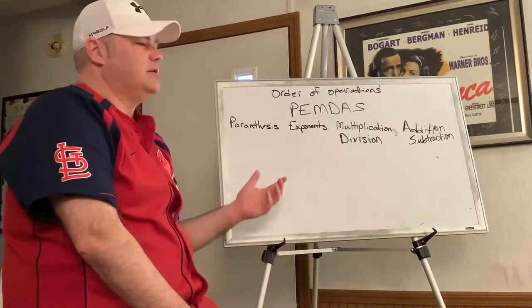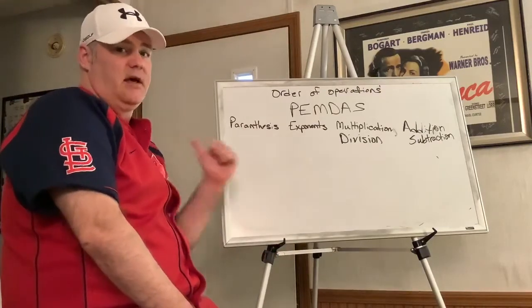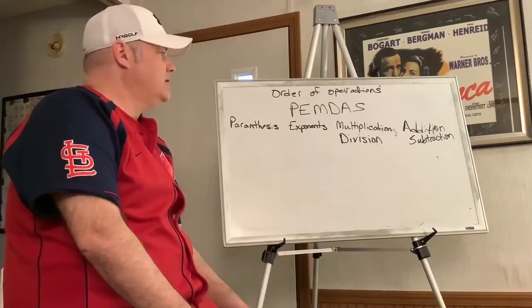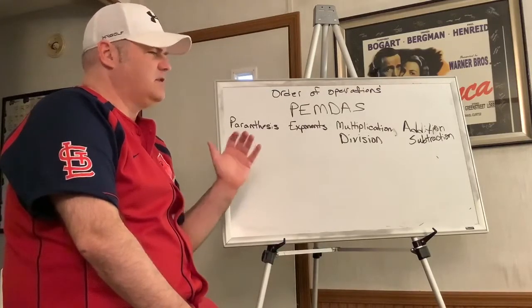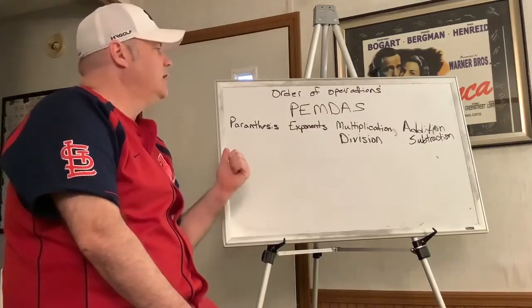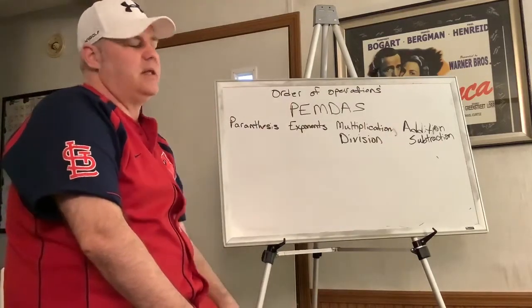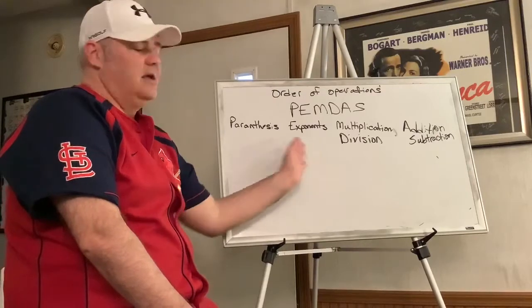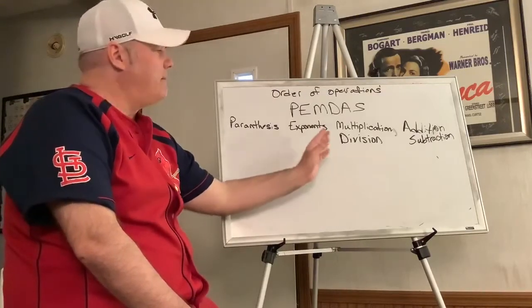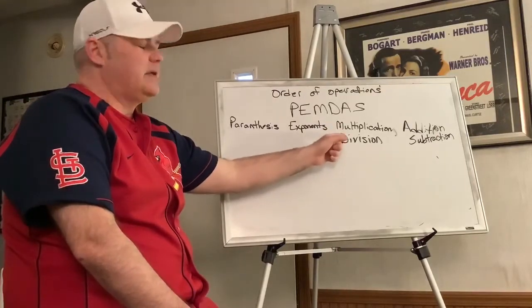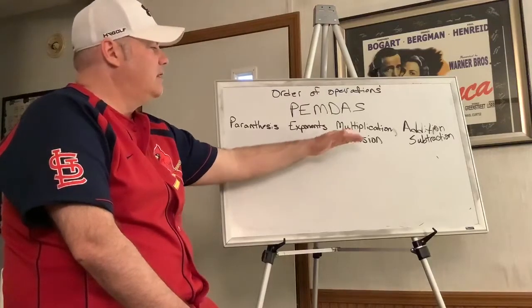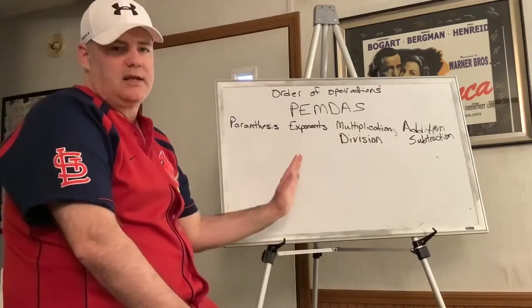There's other languages that read right to left. Hebrew, I think, reads right to left. I think even some Chinese languages read right to left. So we kind of are used to going left to right, but in math, you're not always going to be going left to right. But if it gets down to a multiplication and division problem, then they're a tie. You're just going left to right at that point.